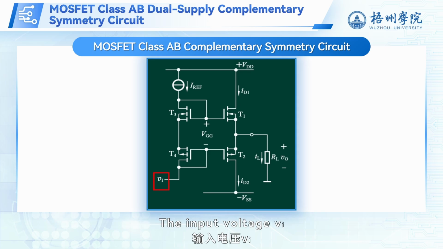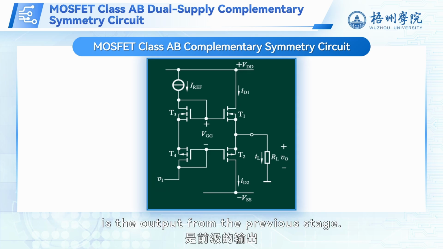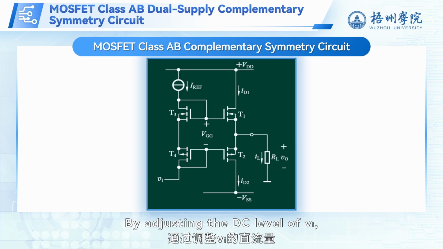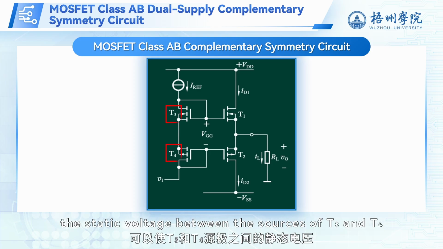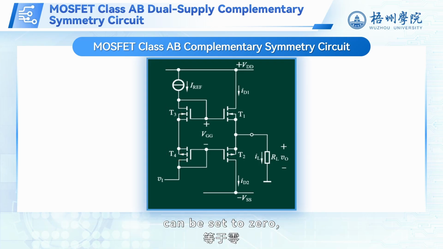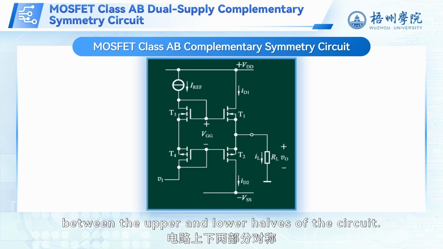The input voltage Vi is the output from the previous stage. By adjusting the DC level of Vi, the static voltage between the sources of T3 and T4 can be set to 0, ensuring symmetry between the upper and lower halves of the circuit.